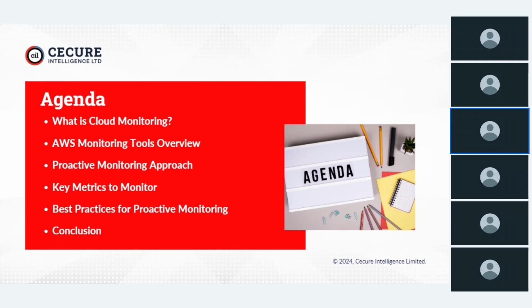We're also going to take a look at proactive monitoring approaches, how to go about this in the best possible way, and the metrics to monitor when we decide to engage in proactive monitoring. We're also going to look at best practices, and we have a brief demo, and then we conclude.